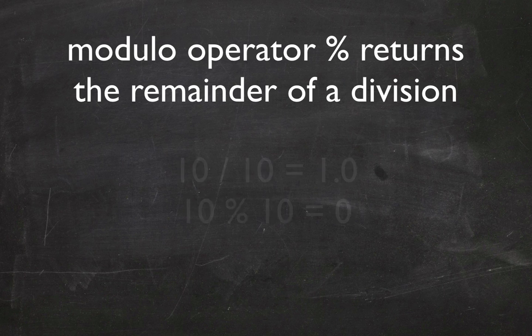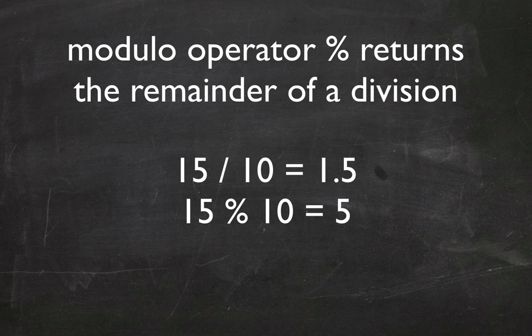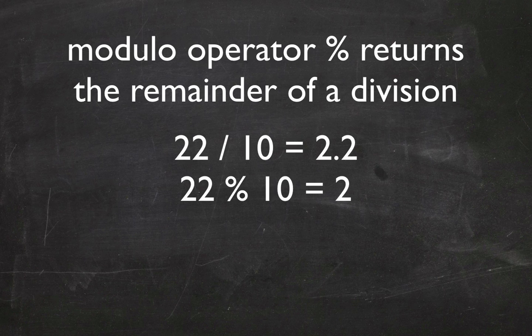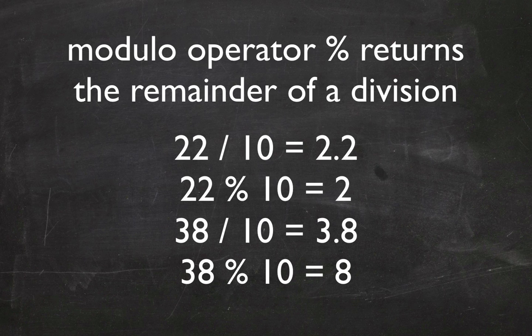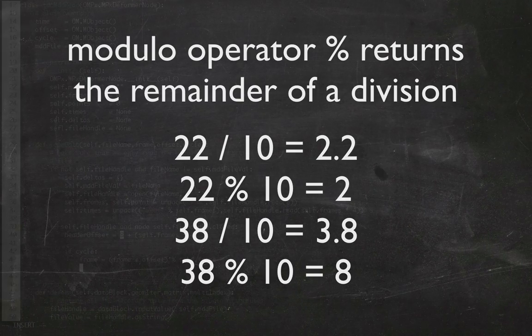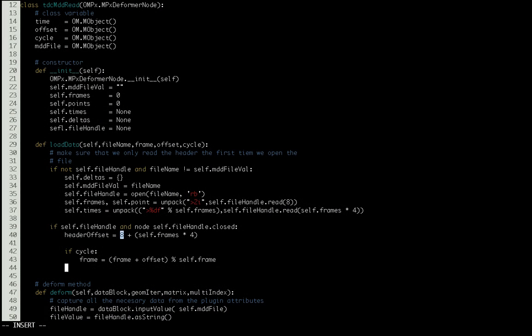Once again, if you go to 15, if you divide those two, you're going to have a remainder of 5. So basically this allows you to loop things. So 15 is going to be 5, 22 is going to be 2, 38 is going to be 8 if you're doing modulus of 10. So that's what this does.